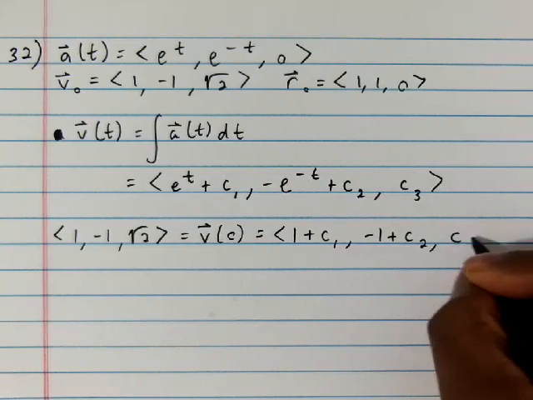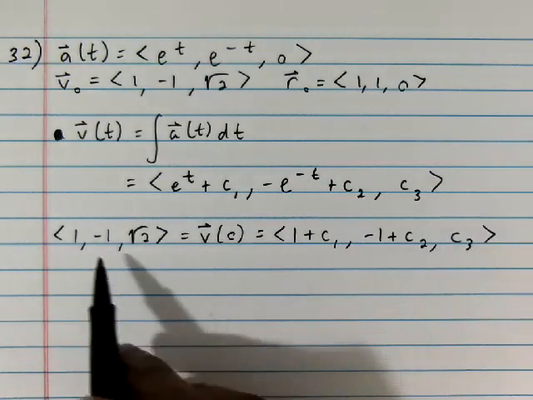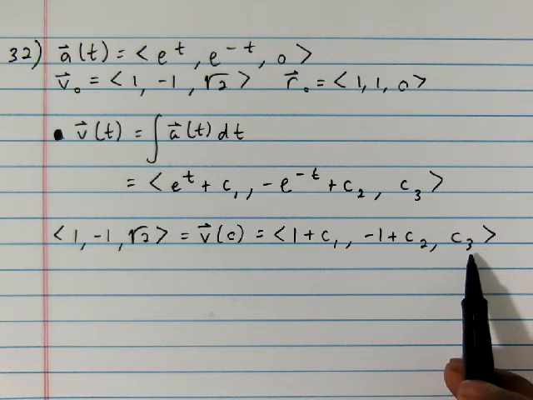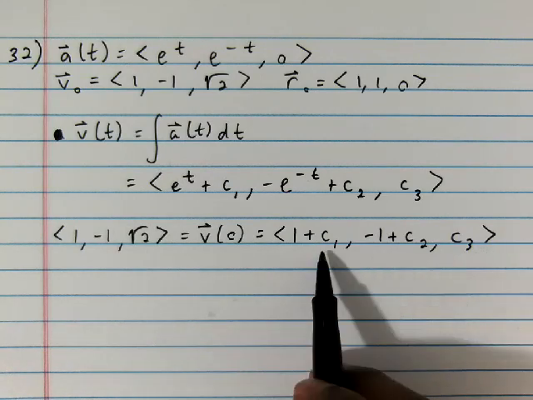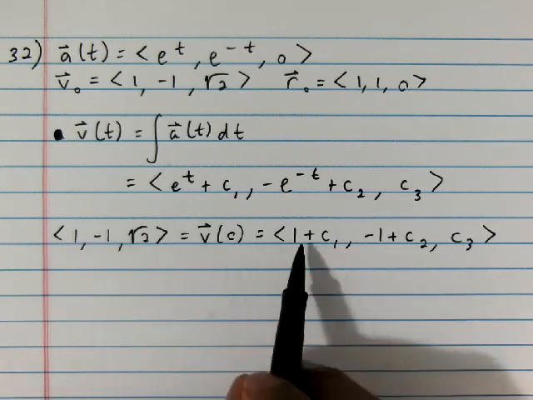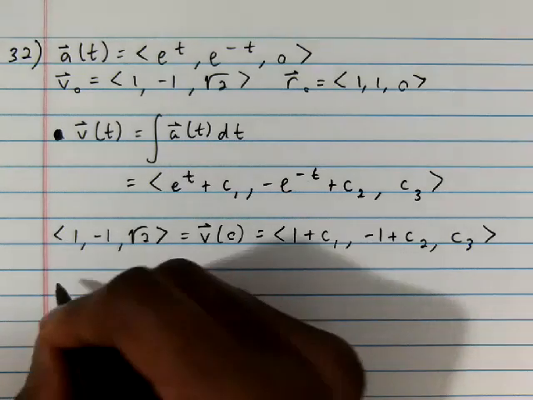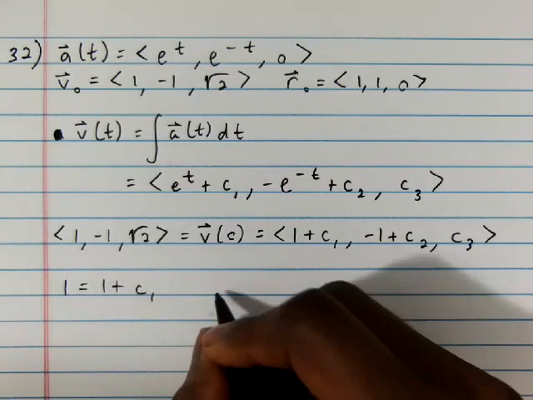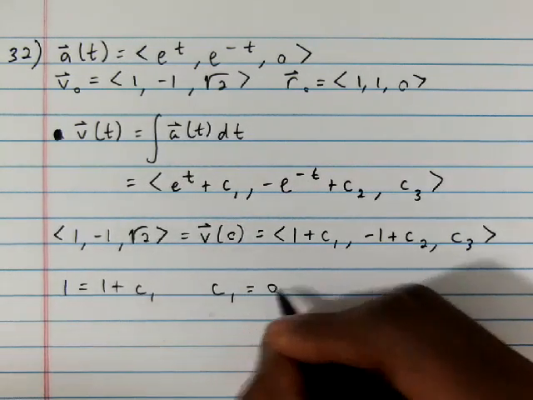And c3. So now this vector is equal to that vector, which says that corresponding components are equal to one another. So we have a system of equations. 1 equals 1 plus c1, which tells us that c1 equals 0.